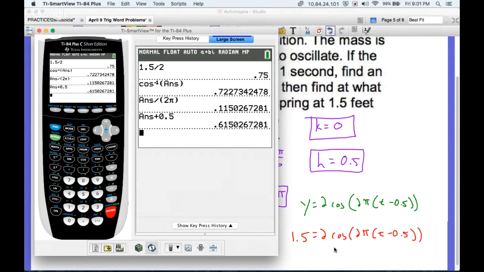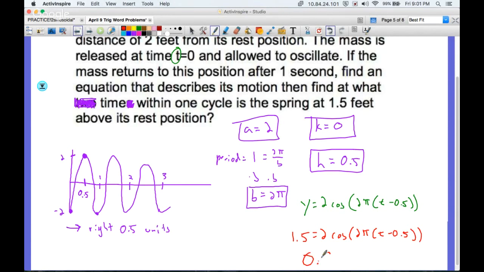Then we get that at 0.61 seconds, the spring will be at 1.5 feet. It corresponds to this point right here. To get this point over here, we're going to need to learn more about inverse trig.